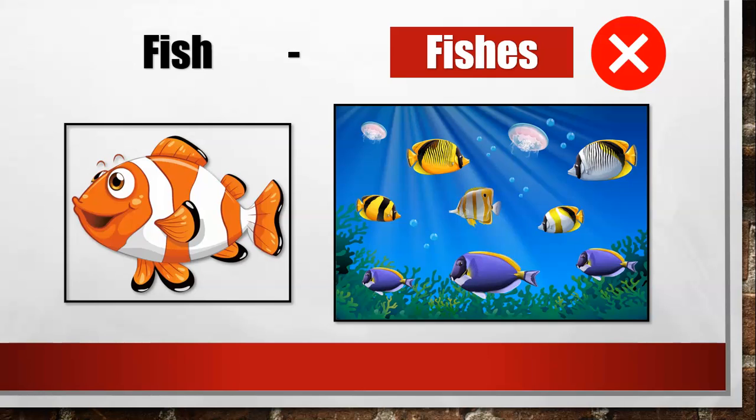Bush, we say bushes. But fish is again an irregular noun, and that is why we do not add the es at the end. We just say one fish and many fish. So next time you hear somebody saying fishes, please tell them that it is fish and not fishes.